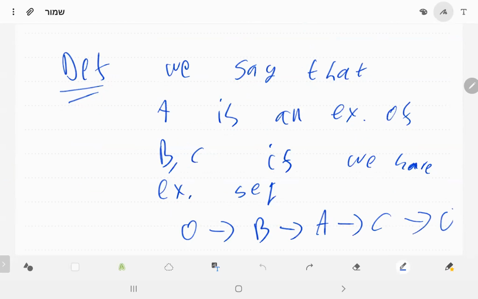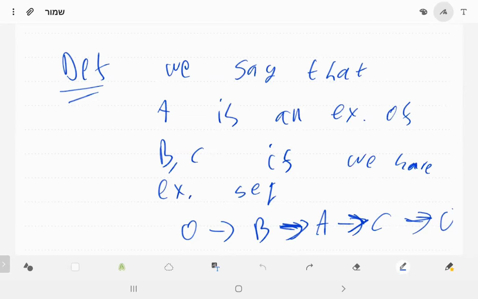I believe you also saw such sequences before? For somebody the first time? No, good. So this is called a short exact sequence. When you see such a sequence, it always means that the first map is an embedding because it has zero kernel, and the second map is onto because its image is everything.